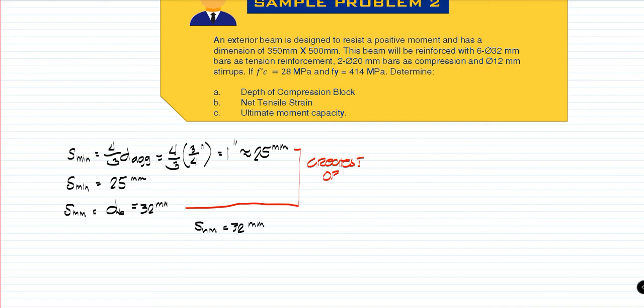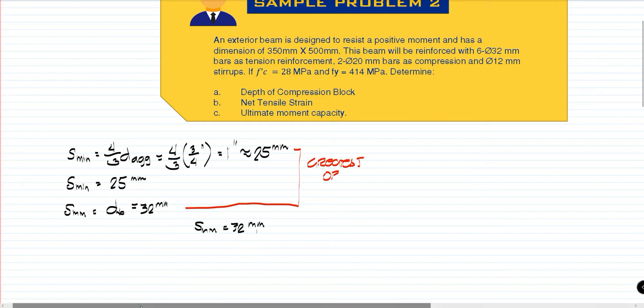Now na nakuha na natin yung minimum clear spacing for our reinforcement, we would now like to check kung ano yung magiging layout ng 32 mm bars dun sa beam natin.